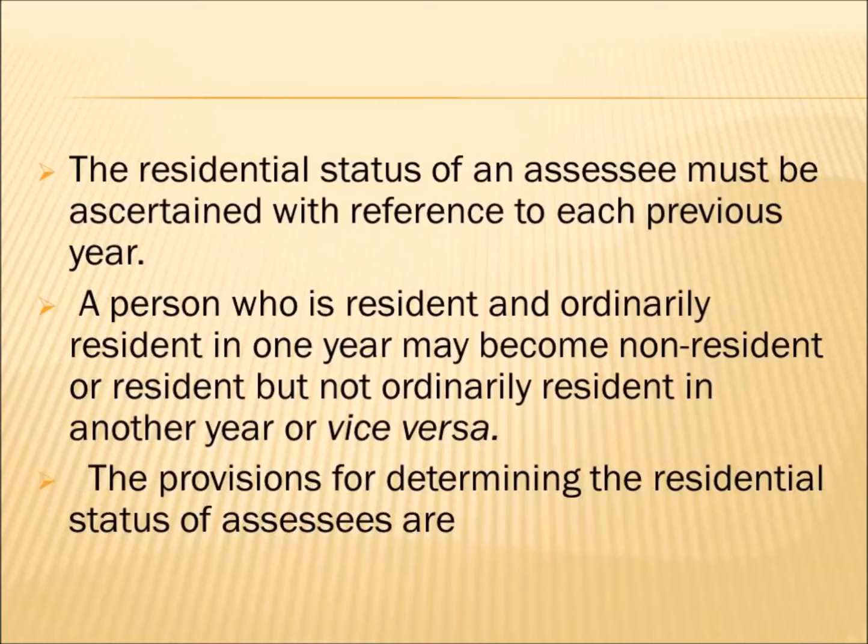Every year we need to see whether the assessee fulfills the conditions of being resident and ordinarily resident. And if he does not, then he may fall into the category of non-resident or resident but not ordinarily resident. So this one point we need to keep in mind, that the residential status of an assessee must be ascertained with reference to each previous year.